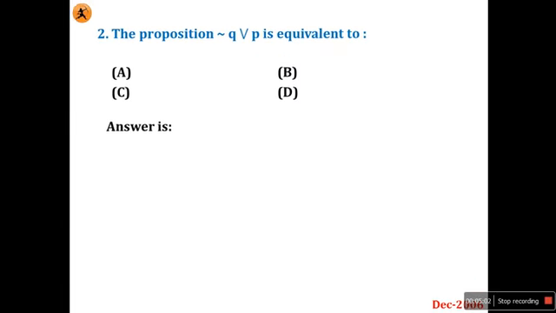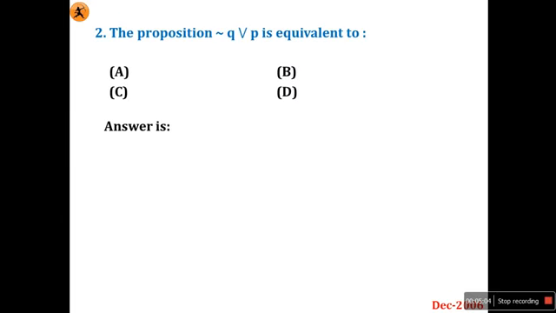Now we'll go for the proposition: negation of Q or P is equivalent to. Actually I am solving all the questions from the original question papers of UGC NET. In this original question paper they have not mentioned any options. I think in December 2006 it is misprinted.